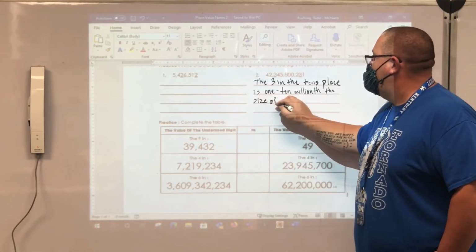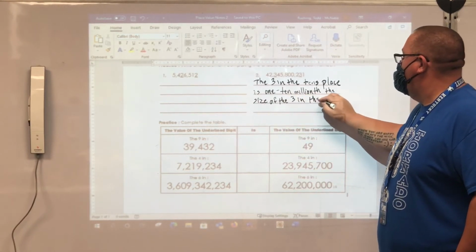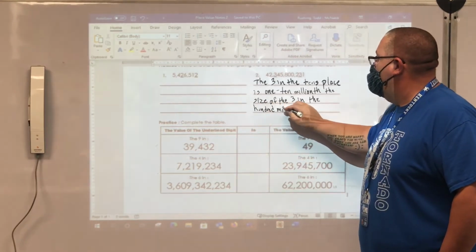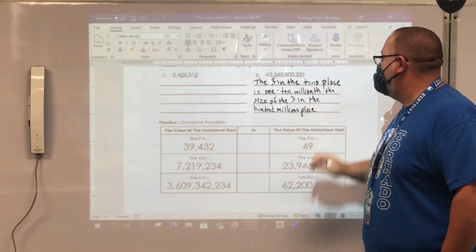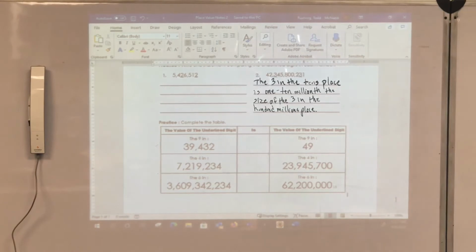The size of the 3 in the 100 millions place. So it's quite a bit smaller. So it says the 3 in the tens place is 1/10 millionth the size of the 3 in the 100 millions place.